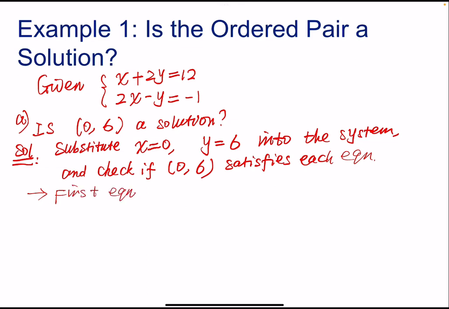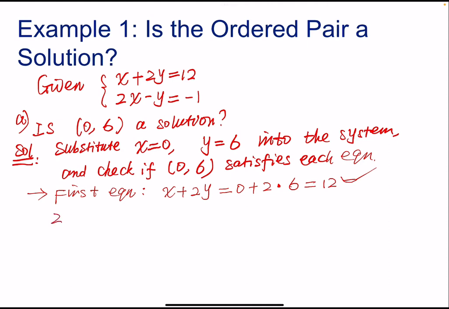The first equation is x plus 2y on the left hand side. Let's plug in x equals 0 and y equals 6. Now 2y means 2 times 6. So obviously it's 12, and the first equation is satisfied.